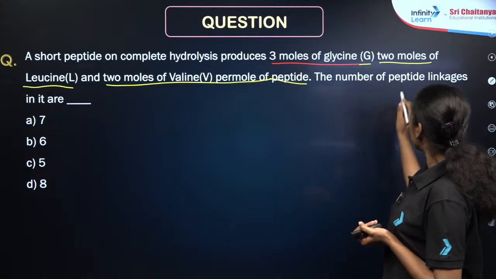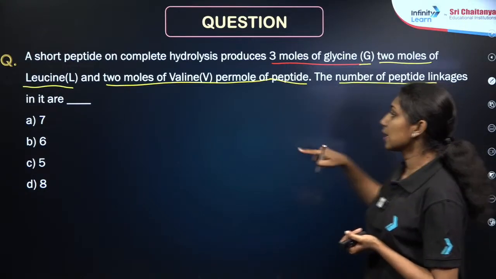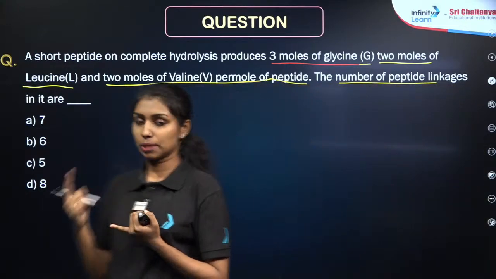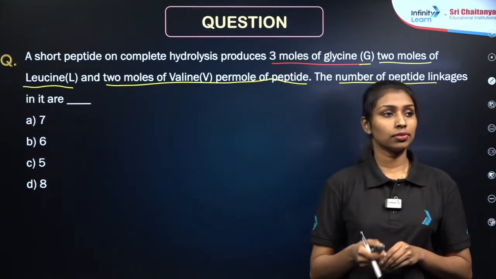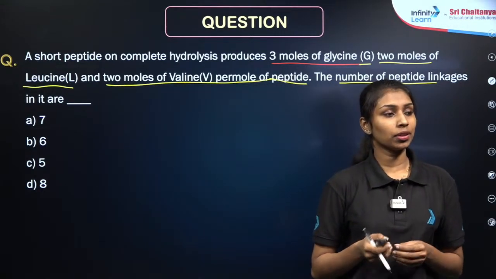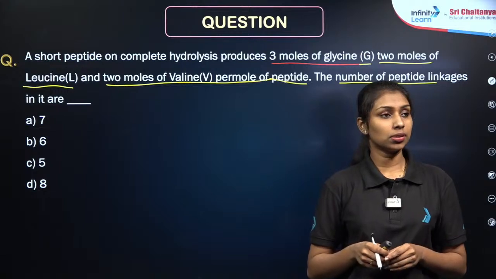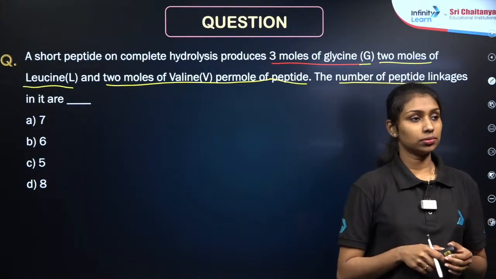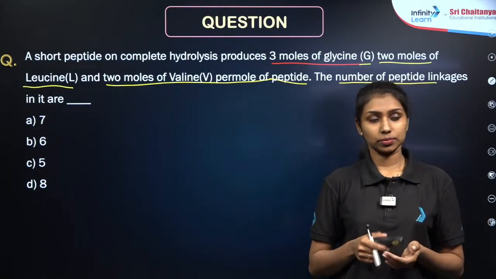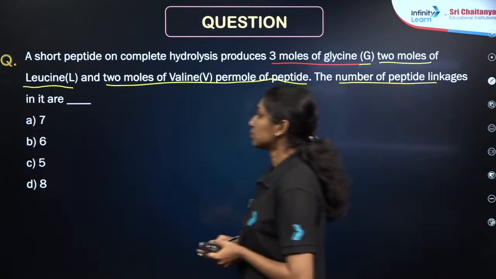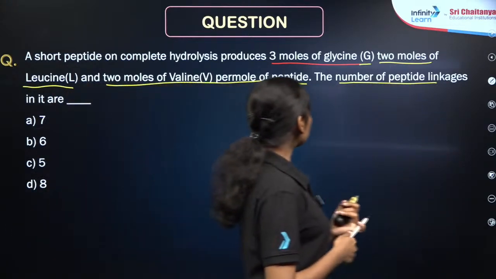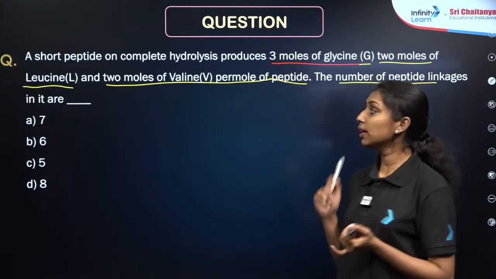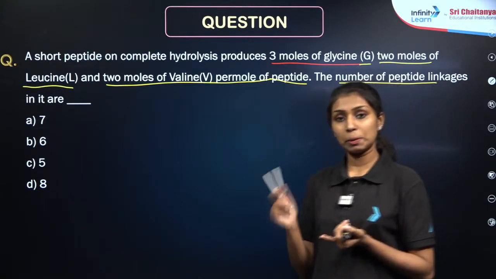What will be the number of peptide linkages, peptide bonds, in this peptide? Okay, what will be the answer? We have already seen that if it contains n number of amino acids, it will form n minus 1 peptide linkages, right?